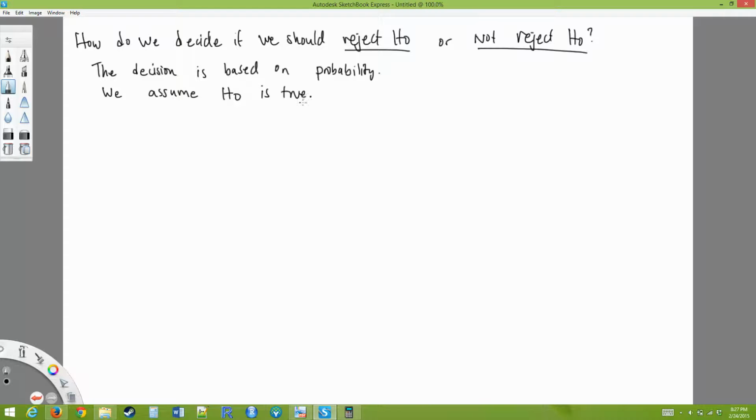You assume that the null hypothesis is true. Okay? Then you look at the data or you look at the evidence. You look at the data and we ask, if the null hypothesis is true, how likely are we to observe the data that we have?